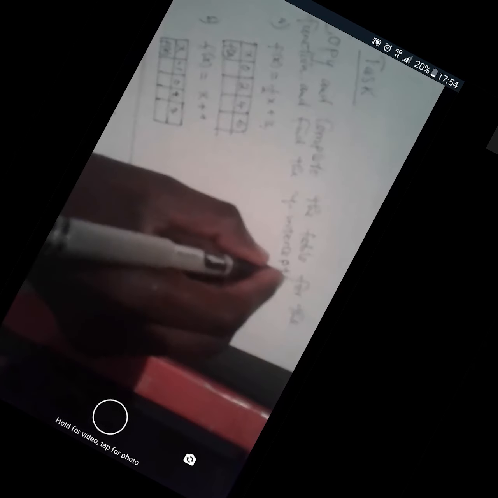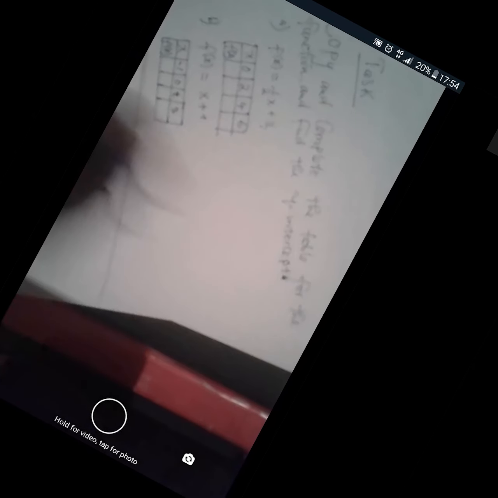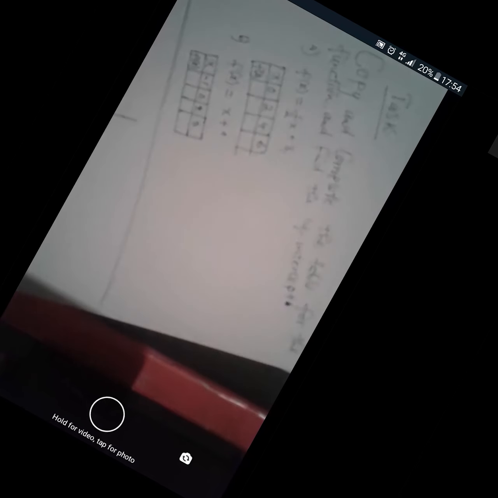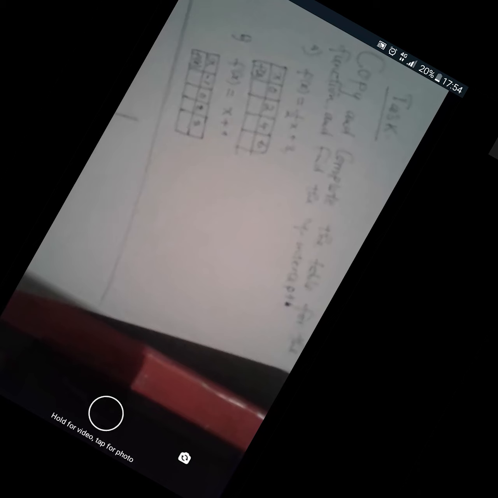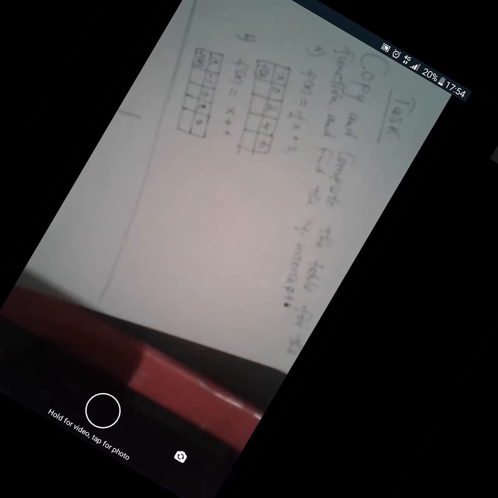For this one, I want you to find the y-intercept. Even for this one, find the y-intercept here. Then for practice, please just try and graph these two functions here.